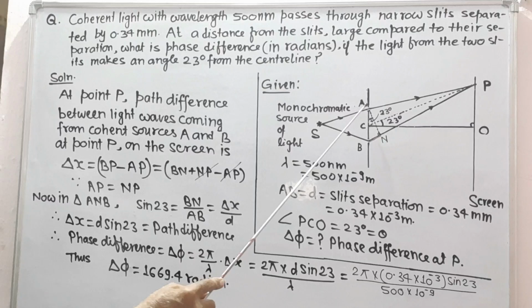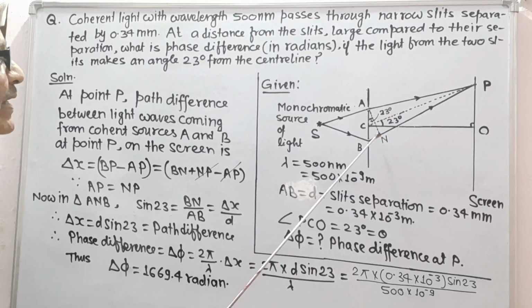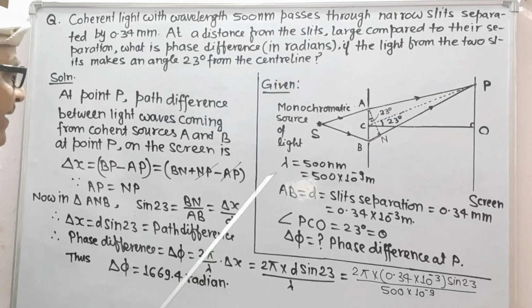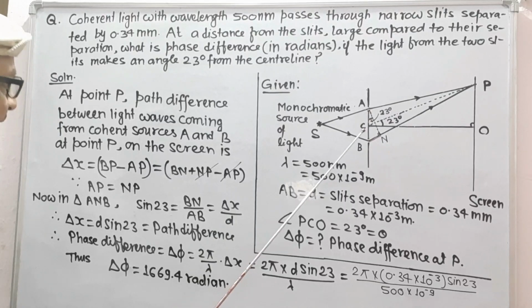Now, in this triangle, sin 23 will be equal to perpendicular BN upon hypotenuse AB. Therefore, sin theta will be equal to BN upon AB. BN is equal to delta x, path difference, and AB is equal to d.